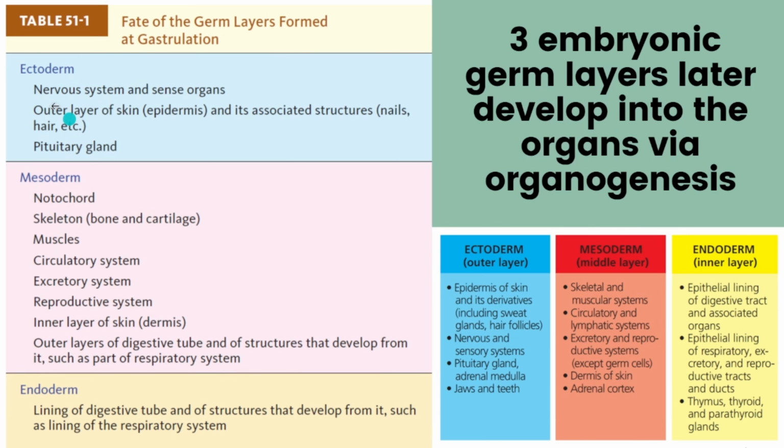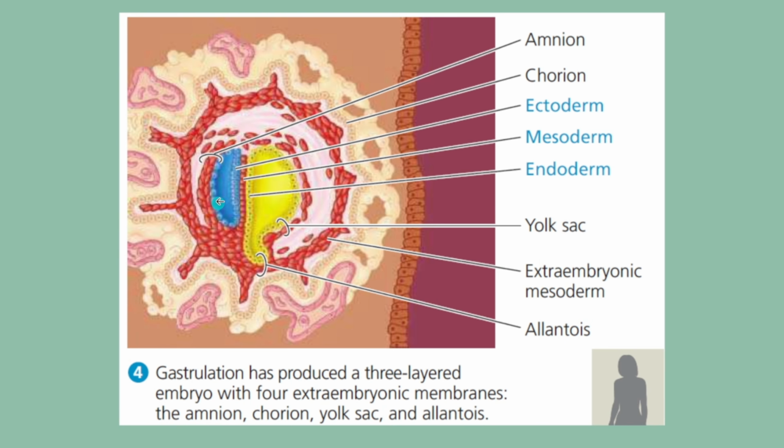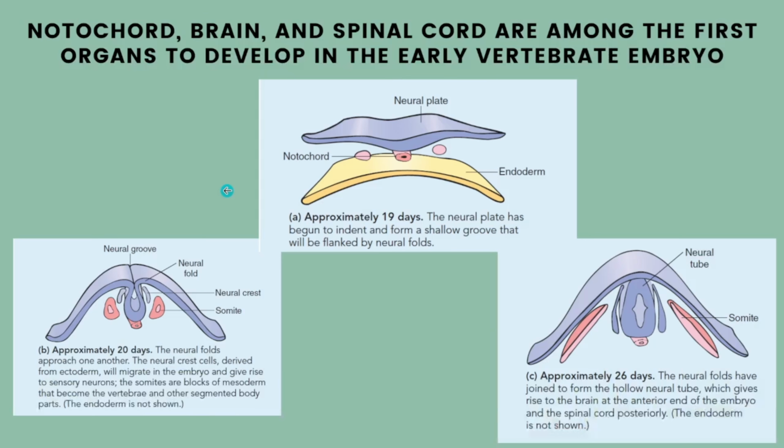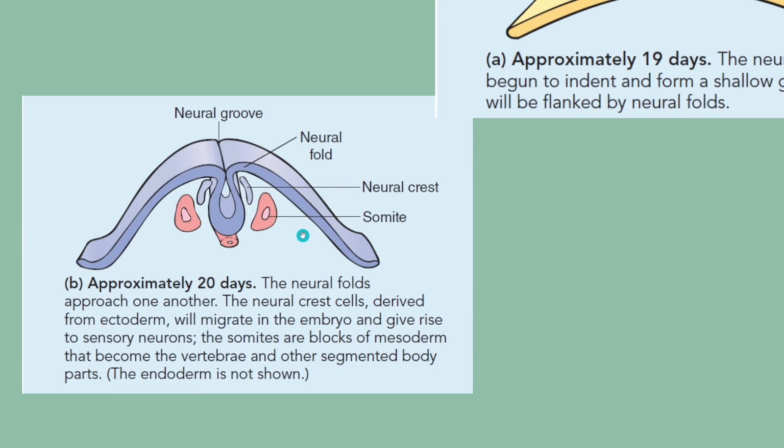As I mentioned before, ectoderm is for the nervous system, and it is located at the most inner part here. So what is happening for this ectoderm? It starts to develop into the neural crest, like here. This part is called the neural crest. The neural crest comes from the ectoderm.